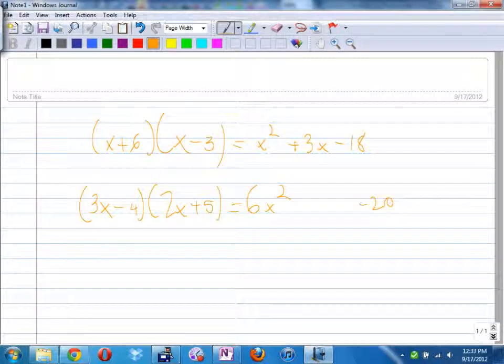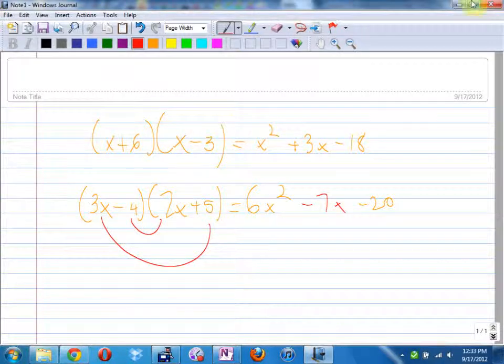The middle one is always a tricky one. I just remember this. Doink, doink. Sorry, that's a bad drawing there. Doink, doink. It's a negative 8 and a positive 15. That's where the x's are going to come from. It's going to be a negative 7x. So if you can do them in your head, great.